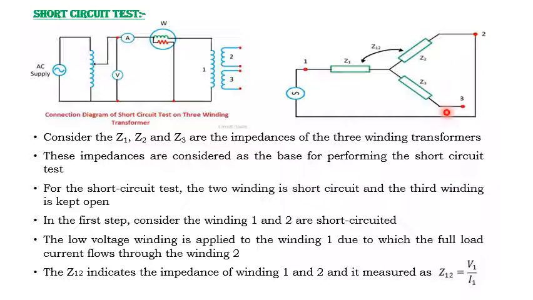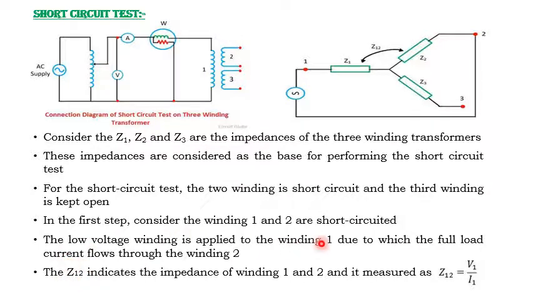In the first step, winding 1 and winding 2 are short circuited. A low voltage is applied to winding 1, due to which the full load current flows through winding 2. Obviously, due to the short circuit of these two, the full load current will be flowing through winding 2. In this case, the impedance can be represented as Z12.